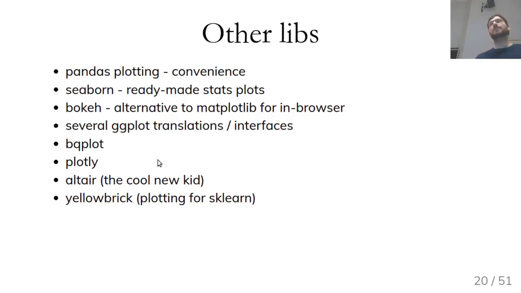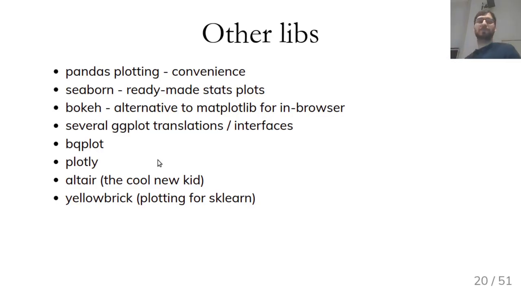So it very much goes after this principle of mapping columns in the data to aspects of the figure very directly. And that's kind of cool. It's still a little bit new, but it's getting more and more complete.